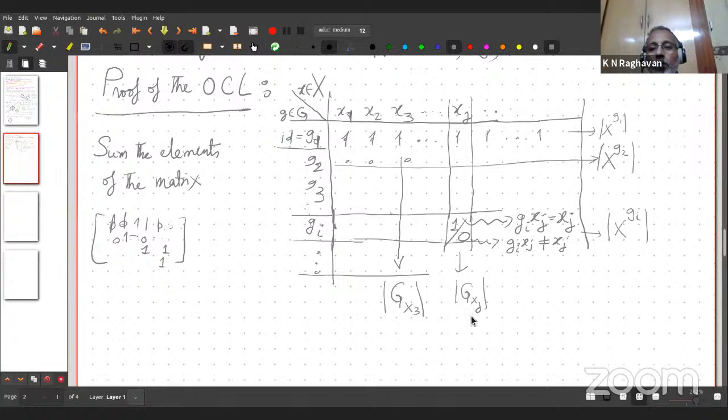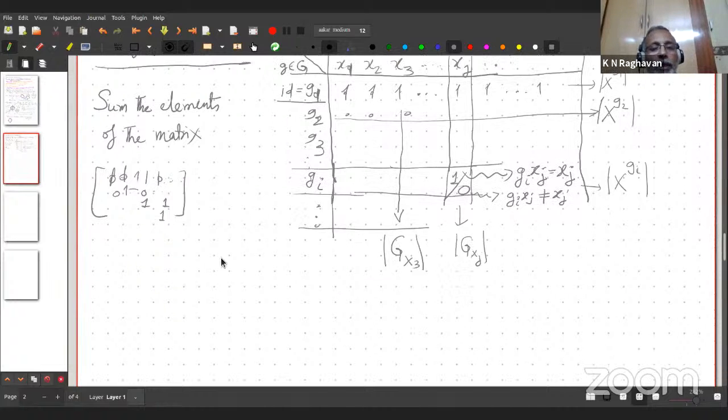Okay. Now it's obvious that if I add all these column sums, I get some answer, and that is the same thing as if I add all the rows, right? Because both of them will give me the sum of all elements. You agree?